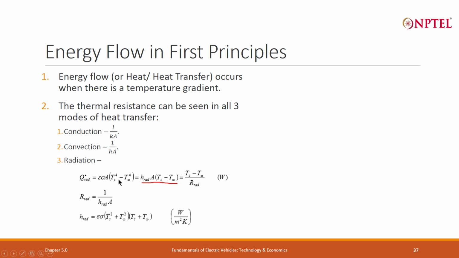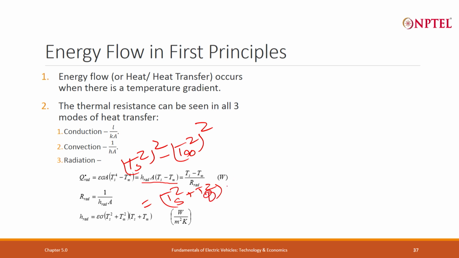The question is why this additional term of Ts plus T infinity comes. Here we have Ts to the power 4 minus T infinity to the power 4. Ts square whole square minus T infinity square whole square gets converted into (Ts square plus T infinity square) into (Ts square minus T infinity square).